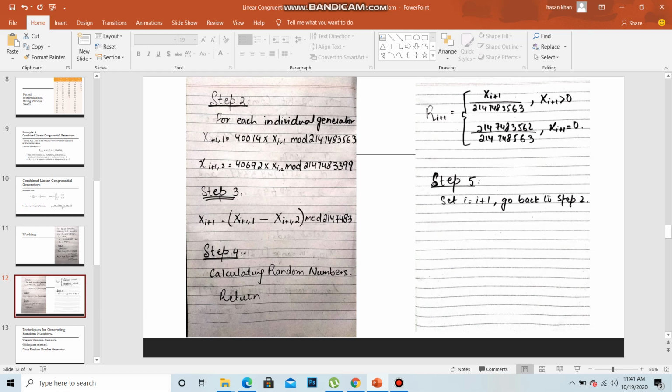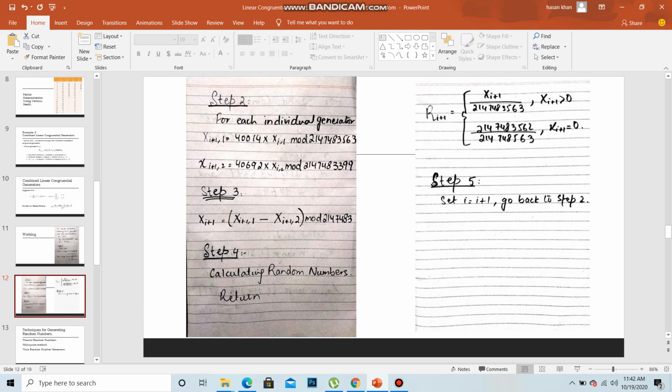And after calculating these values, step 3 would be the combination. So for that we need this formula, Xi,1 minus Xi,2 mod 2147483562. Now this mod is the average of these two modes.